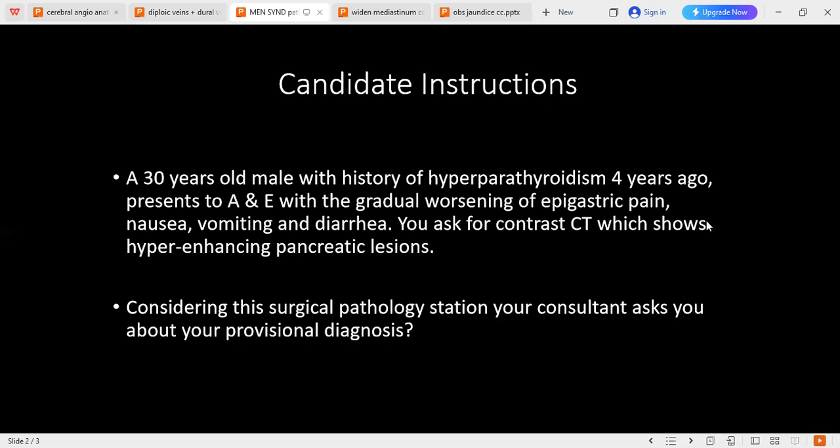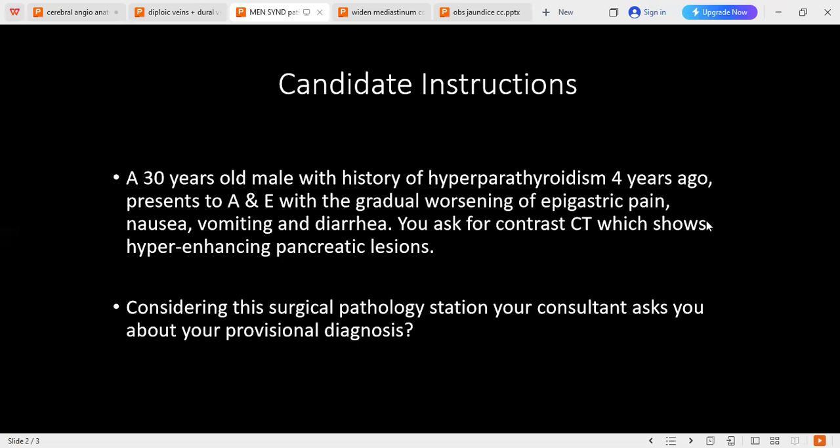Which oncogene is involved in MEN2 syndrome? RET oncogene on chromosome 10. And the mode of inheritance of MEN2 syndrome is autosomal dominant. Very good.